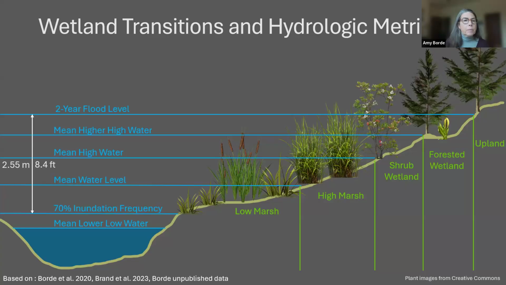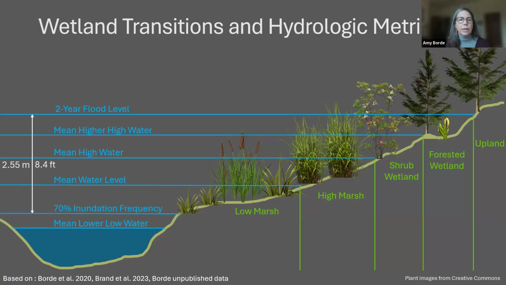This is a diagram that I made. This is work that we've done looking at those reference sites over the years, trying to get a better understanding of how the hydrology and these datums, or mean average water levels, correspond to changes in wetland plant communities.